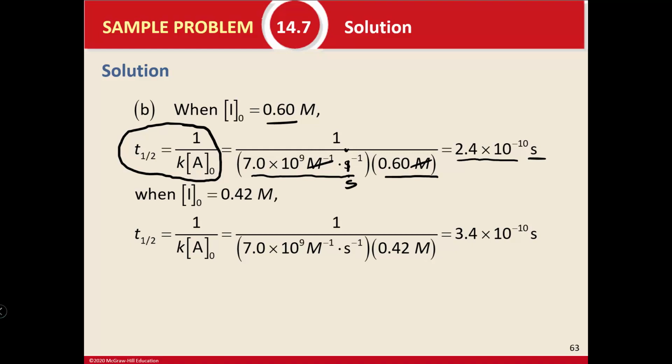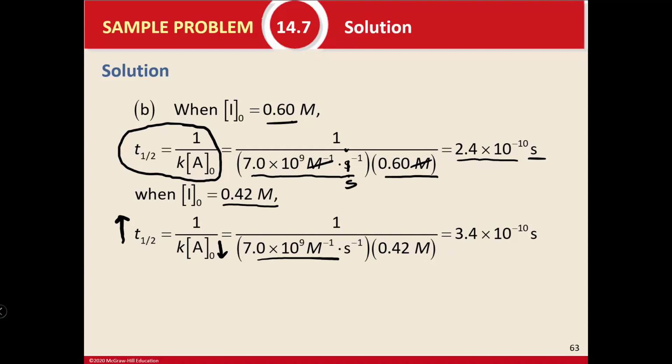Now, if we decrease the initial concentration to 0.42, so we went from 0.6 to 0.42, the question is, will the half-life increase or decrease? Well, as we decrease this initial concentration, we increase the half-life. It's an inverse relationship. So to prove it, we put in the same rate constant, assuming temperature is not changing through the course of the reaction.